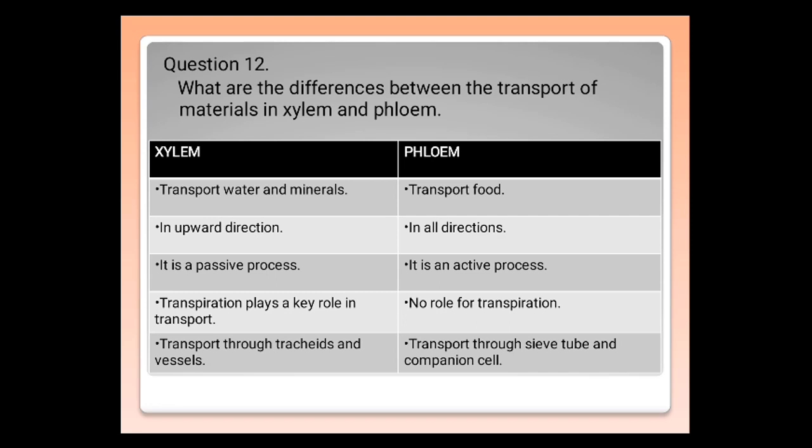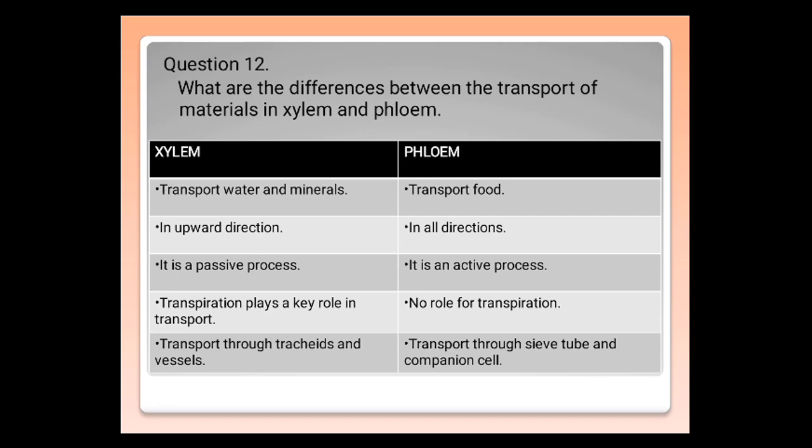Transport through xylem is a passive process, whereas transport through phloem is an active process, that is, by the consumption of energy. Next point. Transpiration plays a key role in transport through xylem, whereas transpiration has no role in transport through phloem. Next point. Xylem transport is through tracheids and vessels, whereas phloem transport is through sieve tubes and companion cell.